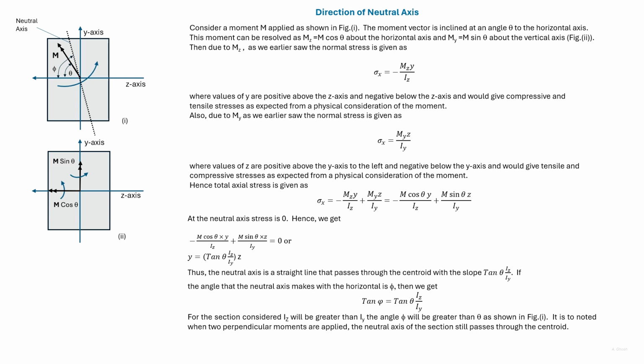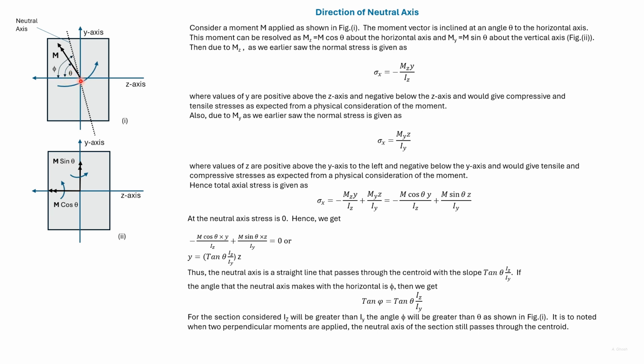Here we find the direction of the neutral axis for a rectangular section where the moment applied is not aligned with any of the centroidal principal axis. The moment applied is at an angle theta with the horizontal z-axis.